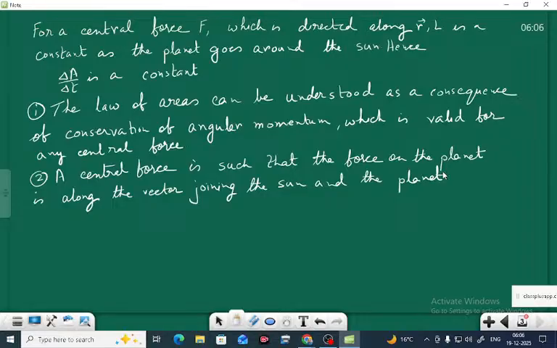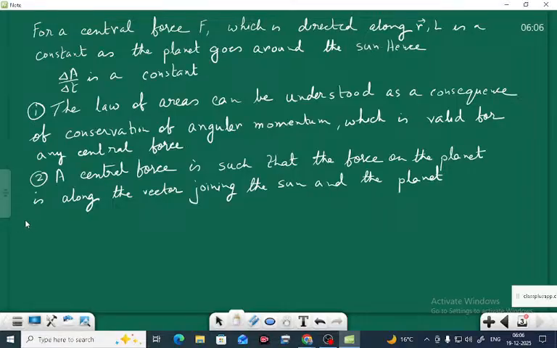So in the law of areas, what we find here is two things. The law of areas can be understood as a consequence of conservation of angular momentum, which is valid for any central force. The central force is such that the force on the planet is along the vector joining the sun and the planet. And the most important thing is the law of periods.